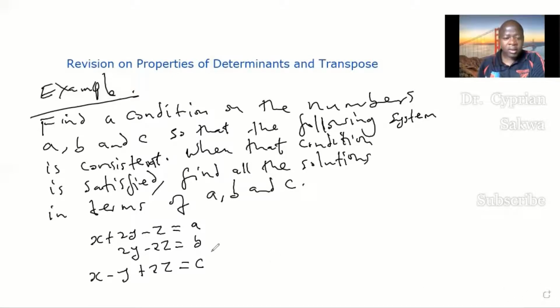For us to answer this question, the only thing we need to do is reduce this system to echelon form and see what the last line of the echelon form would tell us. So let me create some space for this.